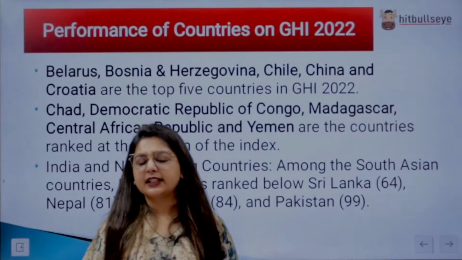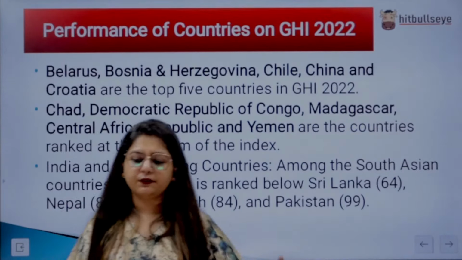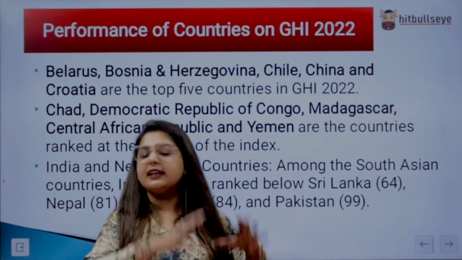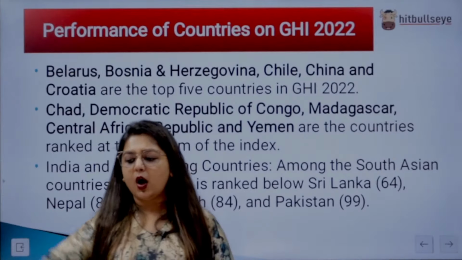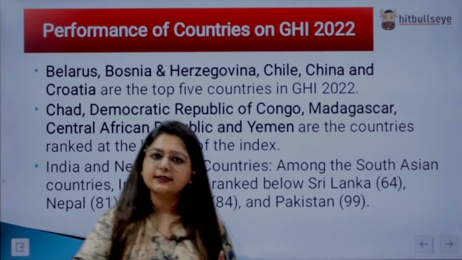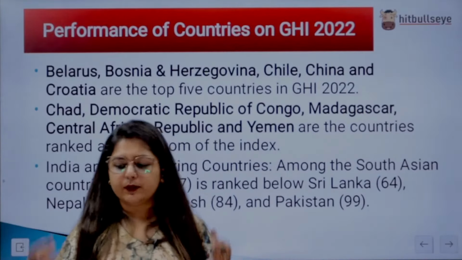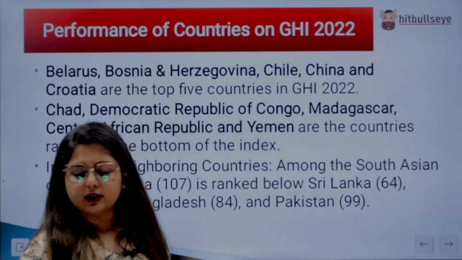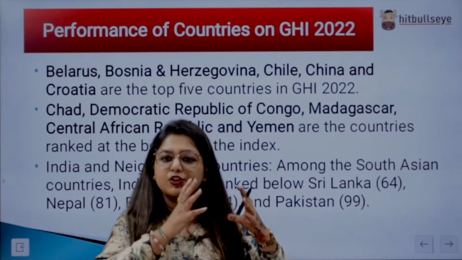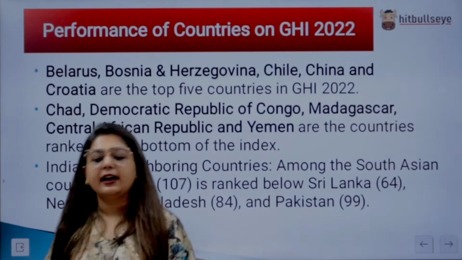GHI scores are calculated on a scale of 100 points, and they reflect the severity of hunger. 0 is the best score, which implies that there is no hunger in the nation. On the other hand, 100 is the worst, which means that the nation has performed worst in the hunger index. Again, like I had mentioned, this takes into account basically the child data. So it is only and only related to the child and not the adults, right?